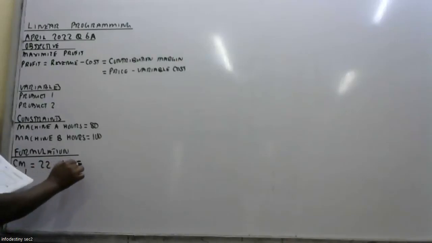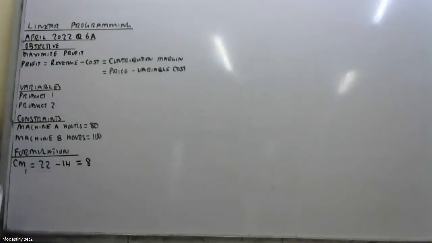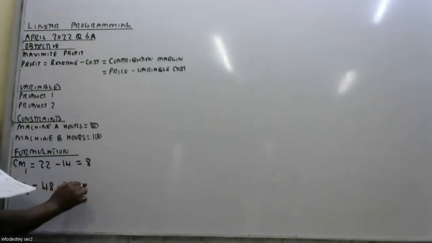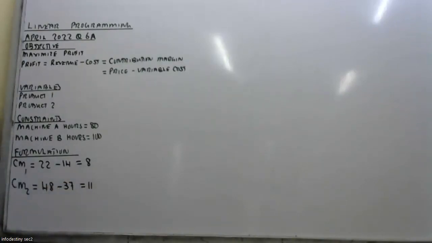So the contribution margin is 8 shillings for product 1. Then the contribution margin for product 2: the selling price is 48 minus 37, so that gives us 11.